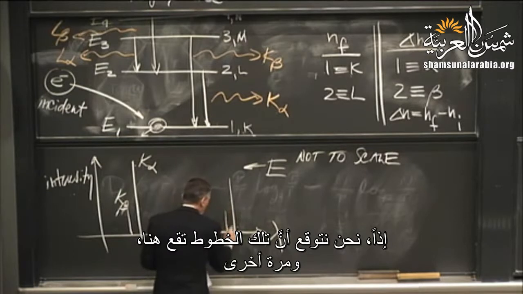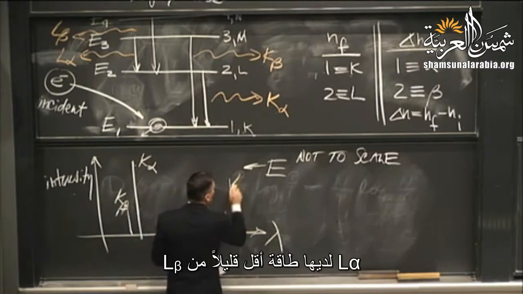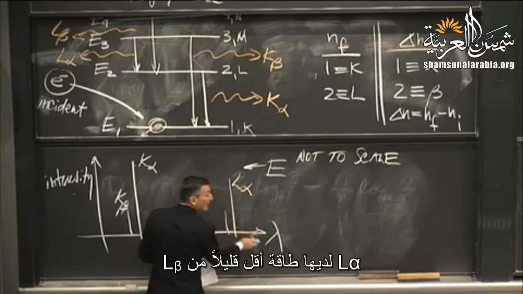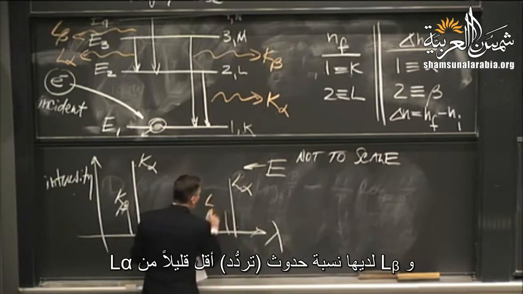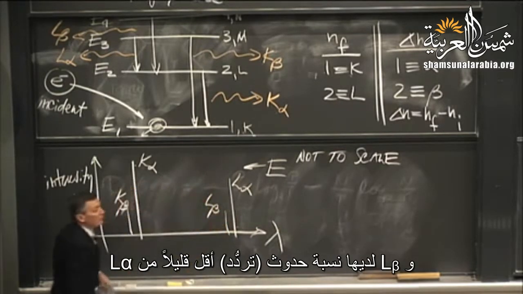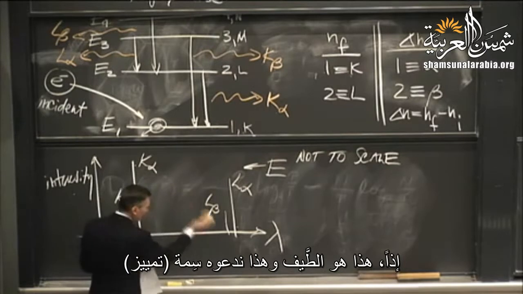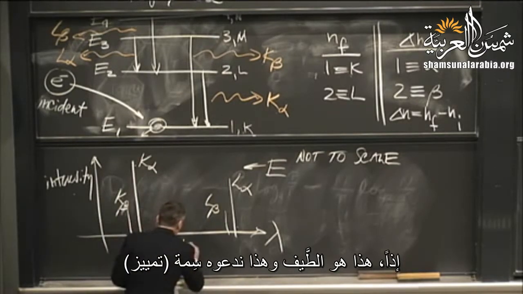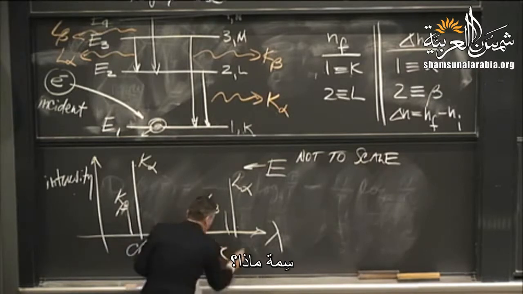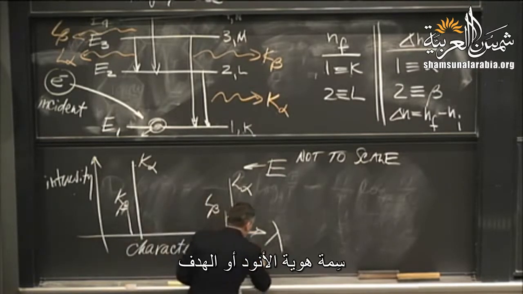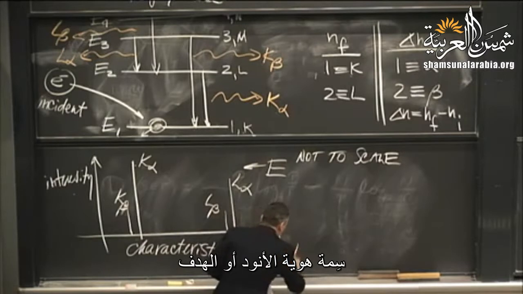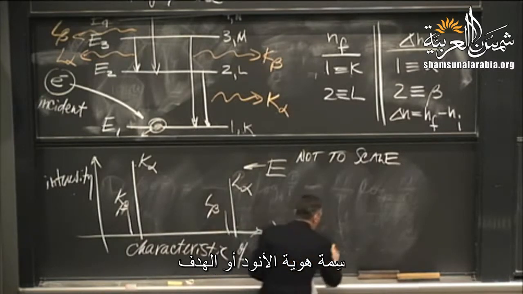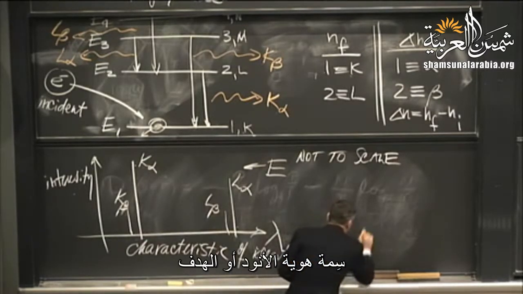And again, a relative frequency where the L alpha has a slightly lower energy and L beta has a slightly lower frequency of occurrence. So that's the spectrum, and this we call characteristic. Characteristic of what? Of the identity of the anode, or the target.